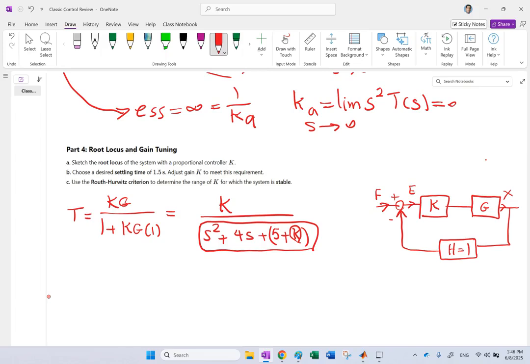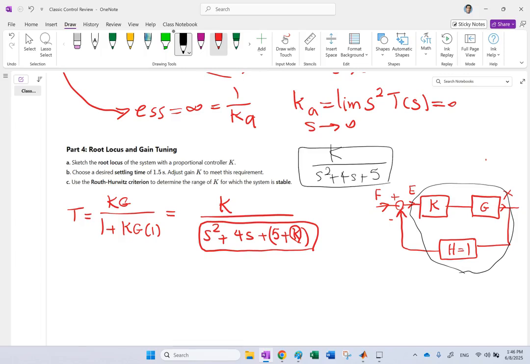Now, when you do Routh-Locus, you only do it based on the open loop transfer function, which is the product of all of these. So the function that we should focus on for the Routh-Locus is simply k times G. This is your open loop transfer function.